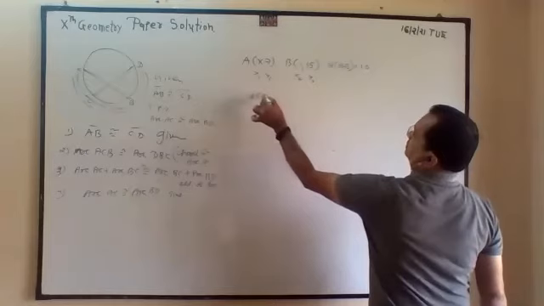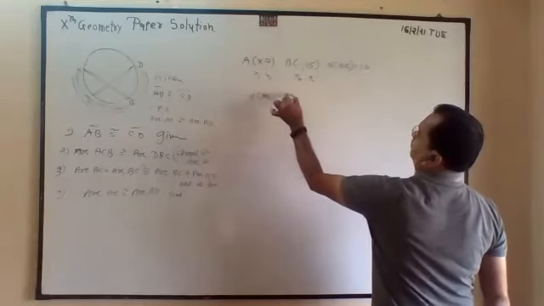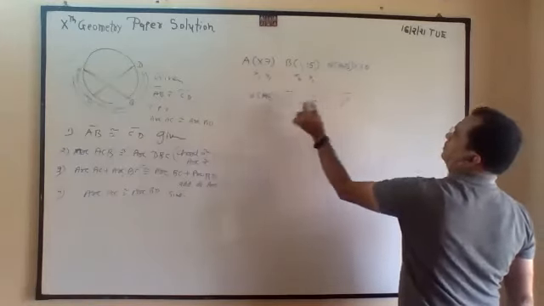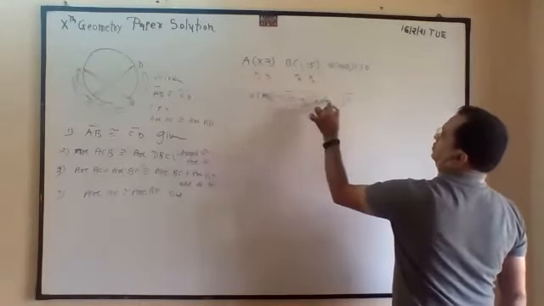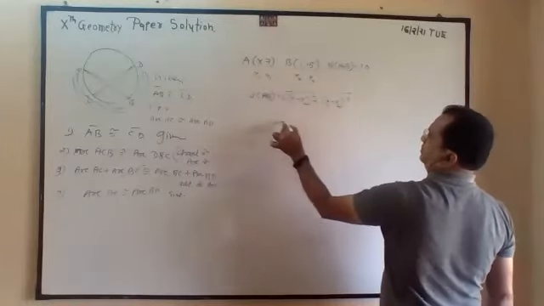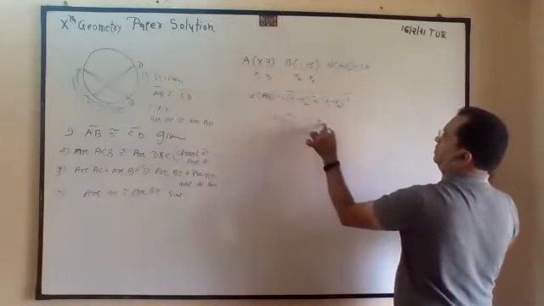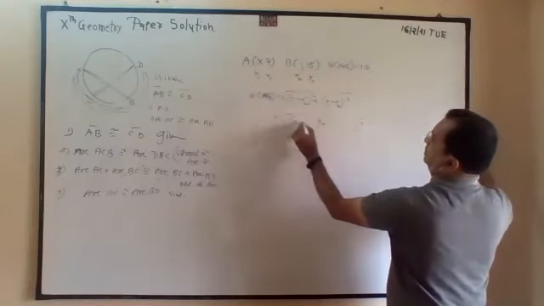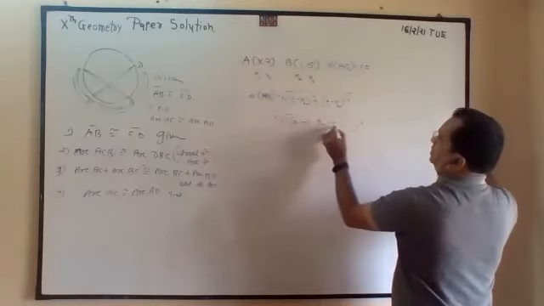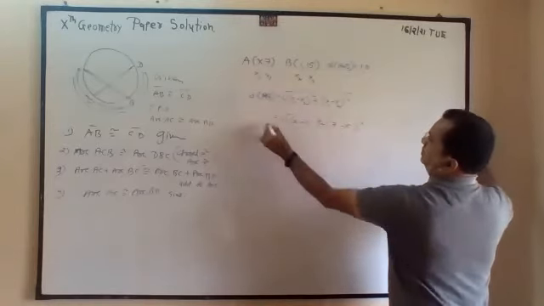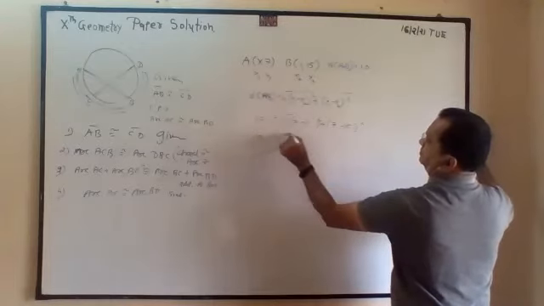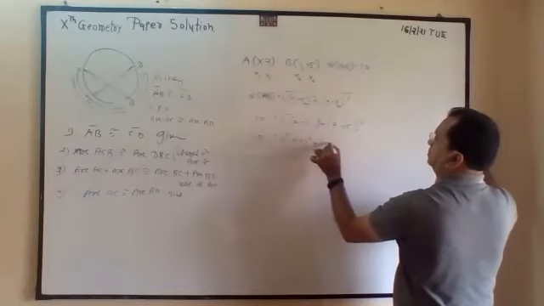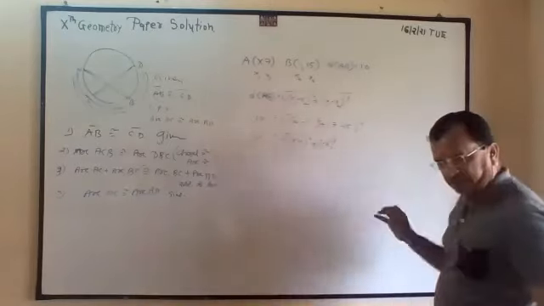So distance AB, x1, x2, y1, y2. So x1 is x only, x2 is 1, 7, 15. Distance is also given. Correct?